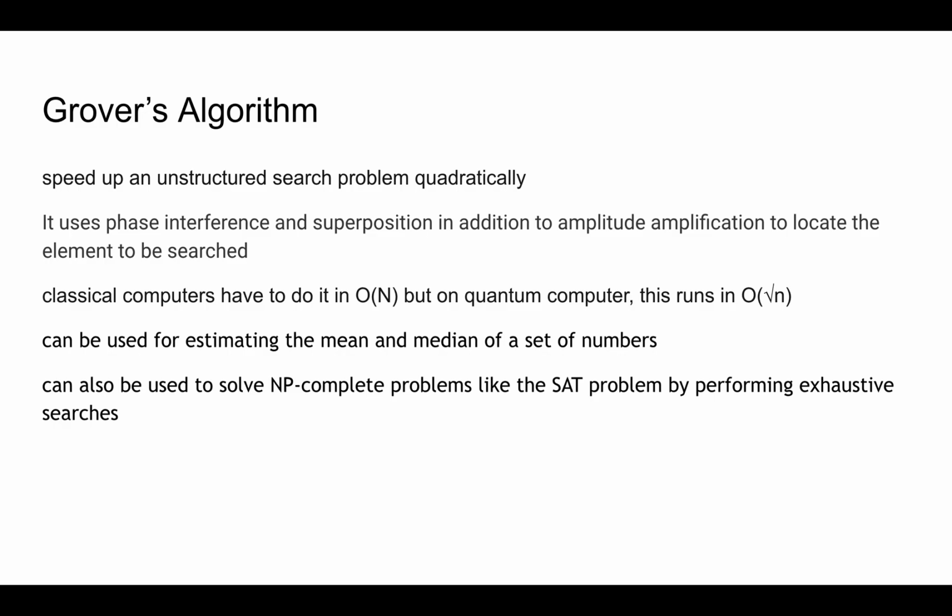A classical computer has to go through everything, and it needs to go through at least half of it to have a 50% chance of finding the winner. However, Grover's algorithm is able to do this in O root n, which is a bit faster. Classical computers can only perform it in linear time, but a quantum computer runs it in O root n time.